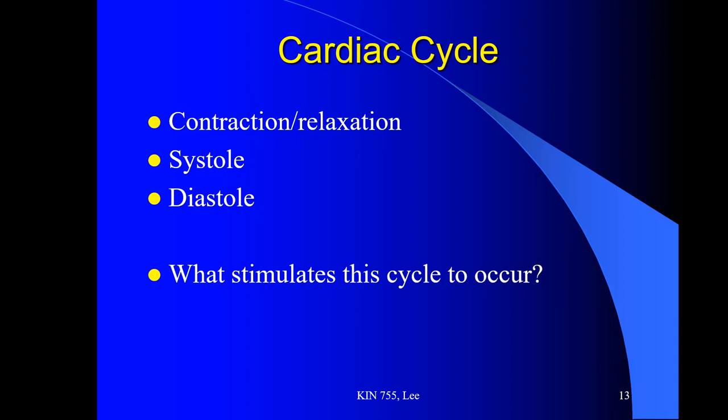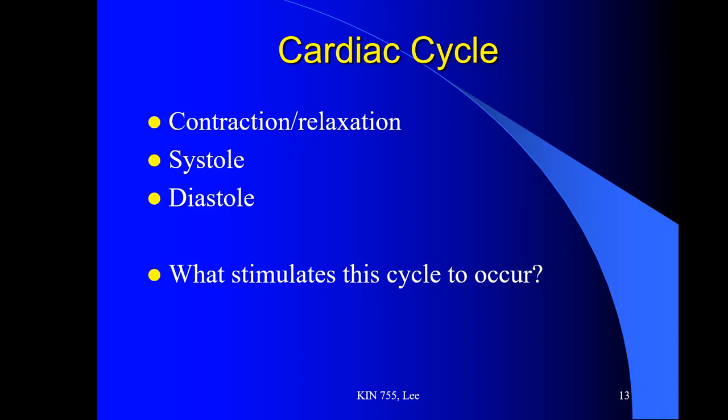So what causes this to occur? Basically, it's the cardiac muscle cells or fibers contracting, and they're going to be stimulated by electrical impulses. And we'll talk a little bit more about that, because this is really what we're interested in with the EKG. We're actually measuring that electrical conduction through the heart.